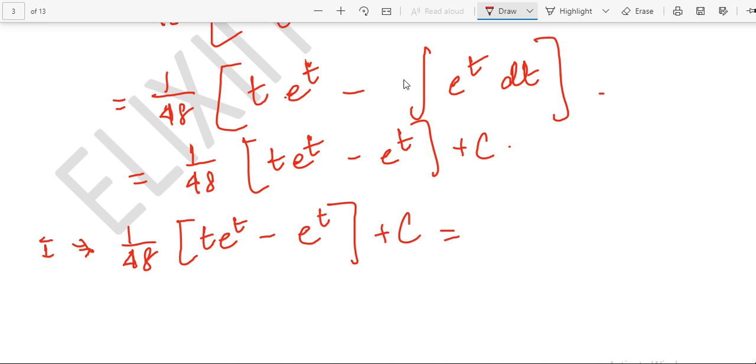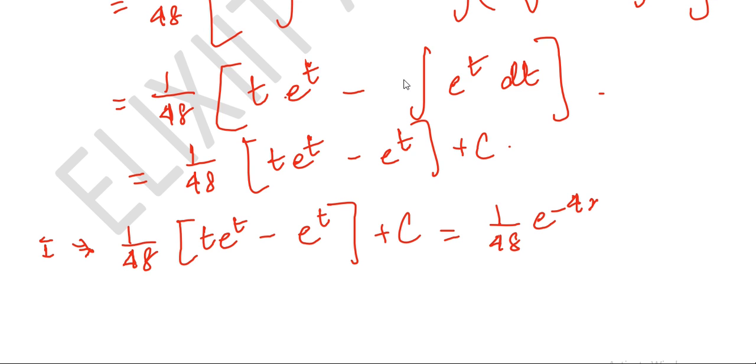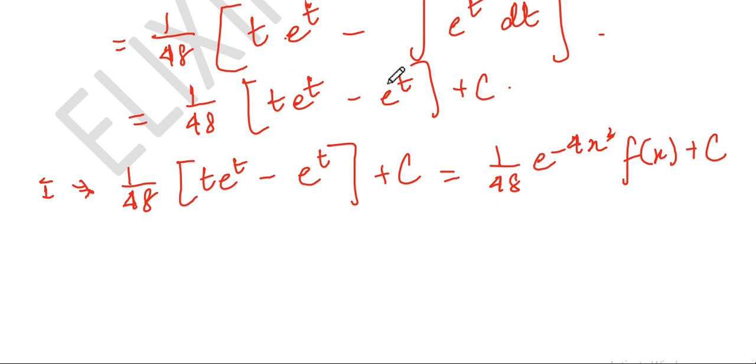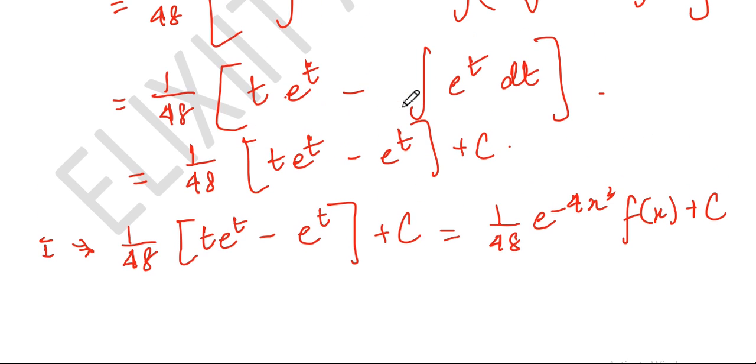This equals 1 by 48 into e to the power minus 4x cube f(x) plus c. So we have to find what is f(x). Now let's see what is f(x).